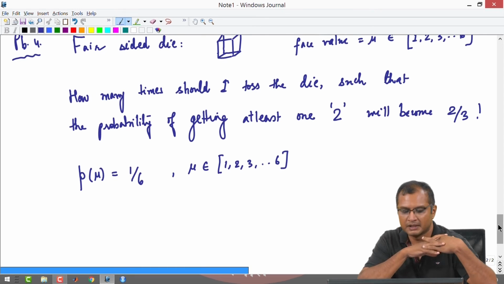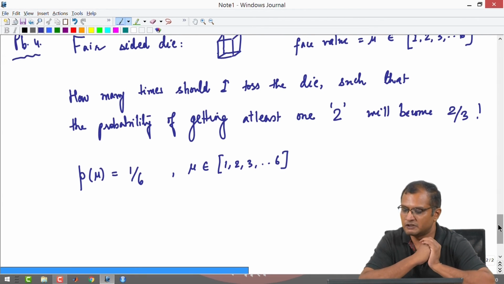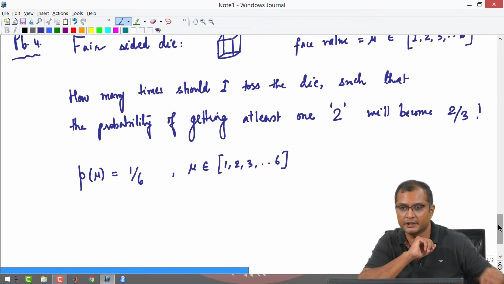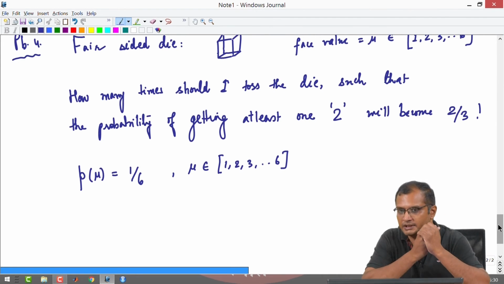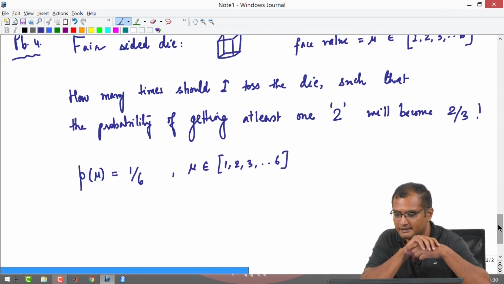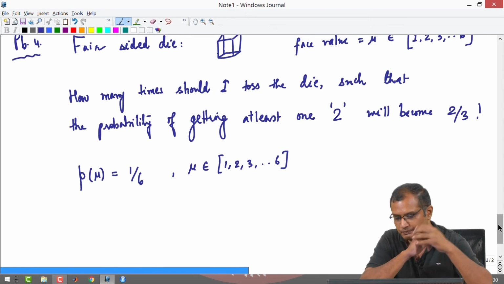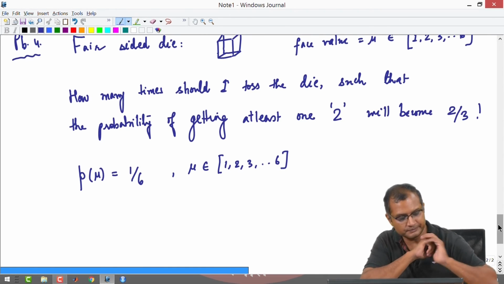So, basically how many times should I toss this die such that the theoretical probability of getting at least one 2 will be 2/3. Certainly you do not have to toss it 100 times, because I know that all these faces are unbiased. So, there is a 1/6 chance of getting a 2 on any trial.